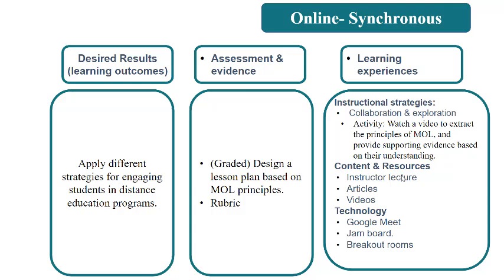Also, you need to determine the content and resources, like the instructor lecture, articles, and videos, and what technology can help them in order to perform and complete this task. Because it's collaboration, they are going to use Google Meet and also Jamboard. They can also meet, for example, through breakout rooms.